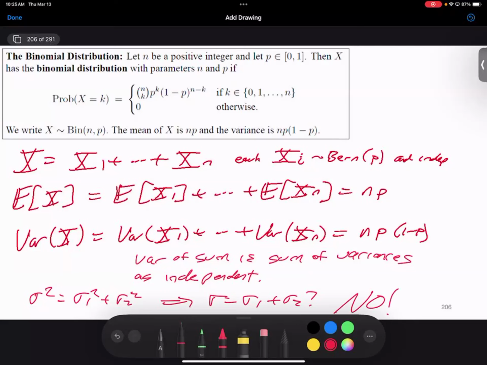No. I have seen lower level classes where students do such algebra where they divide the exponents on each side by 2 and cancel. You can't do that. This gives you a sense of why the standard deviation, in some senses, is not necessarily as good of a statistic as the variance. The variance of a sum is the sum of the variances. That's nice.